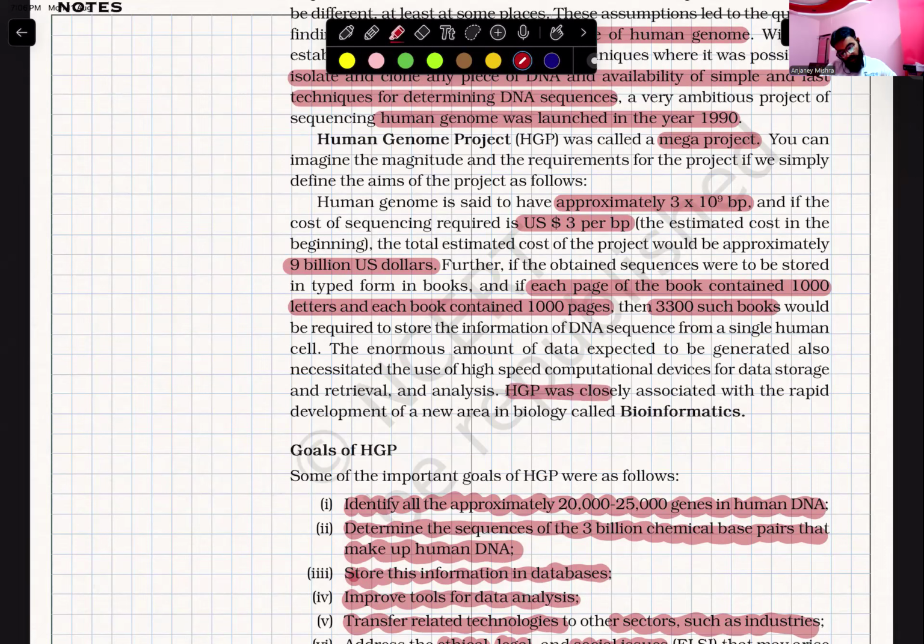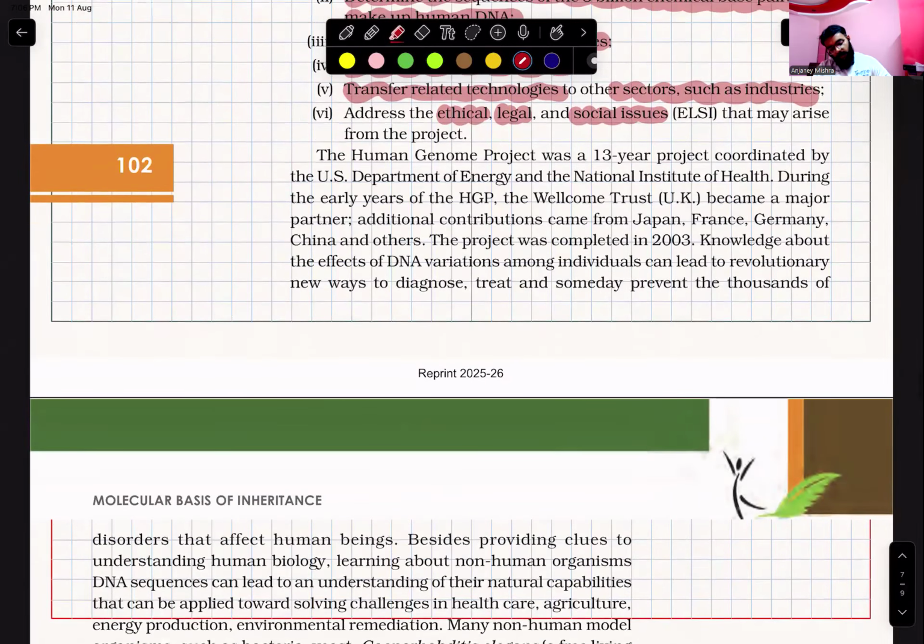HGP was closely associated with a rapid development of a new area of biology called bioinformatics. The Human Genome Project was a 13-year project coordinated by the US Department of Energy and the National Institutes of Health. Wellcome Trust of the United Kingdom joined later, and contributions came from Japan, France, Germany, and of course China and others.